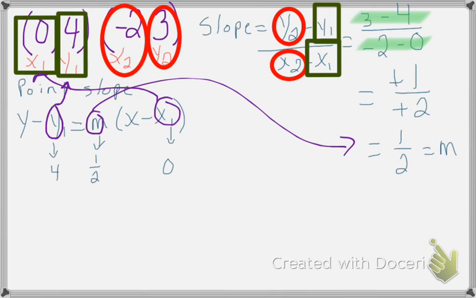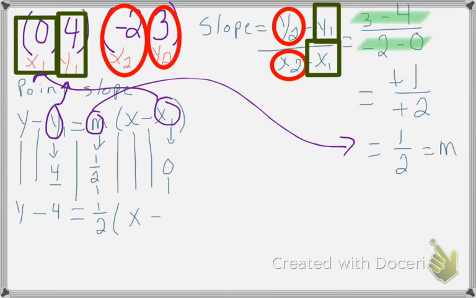And we bring everything down now. Bring down the y. Bring down the minus sign. Bring down the 4. Bring down the equal sign. Bring down the 1/2. Bring down the parentheses. And bring down the x. And bring down the minus. And bring down the 0. And then, like another question, we're just going to bring all of this with us down.